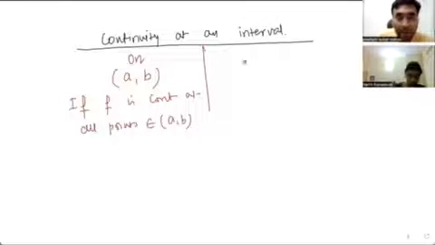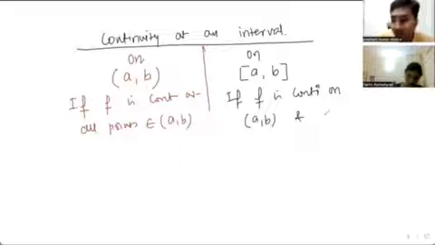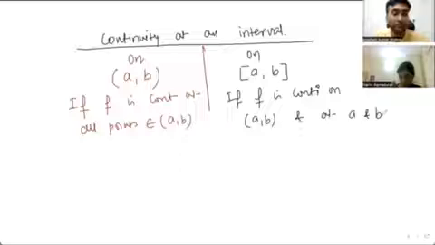Next, on a closed interval [a, b], f is continuous on (a, b) and also at a and b. Understand till here?